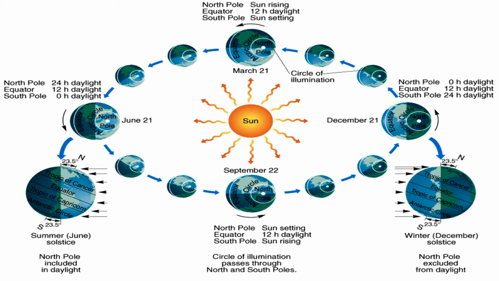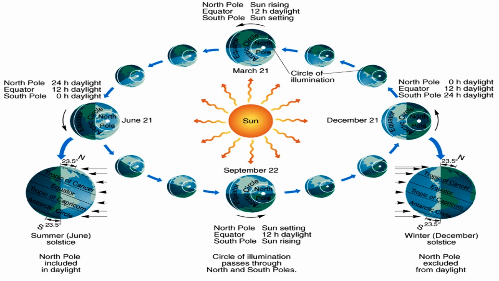So as the Earth goes around the sun, we see different levels of daylight on the Earth. During the summer solstice, in June, the North Pole will have 24 hours of daylight. During the fall equinox at the North Pole, it's going to have equal amounts of sunlight.